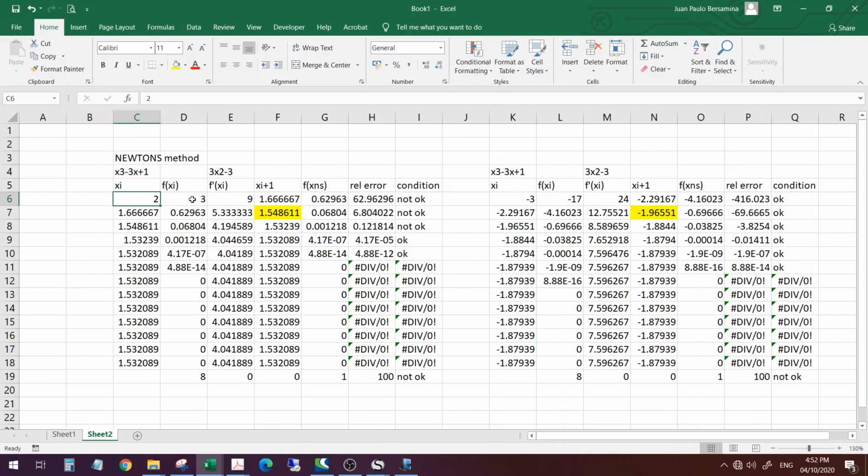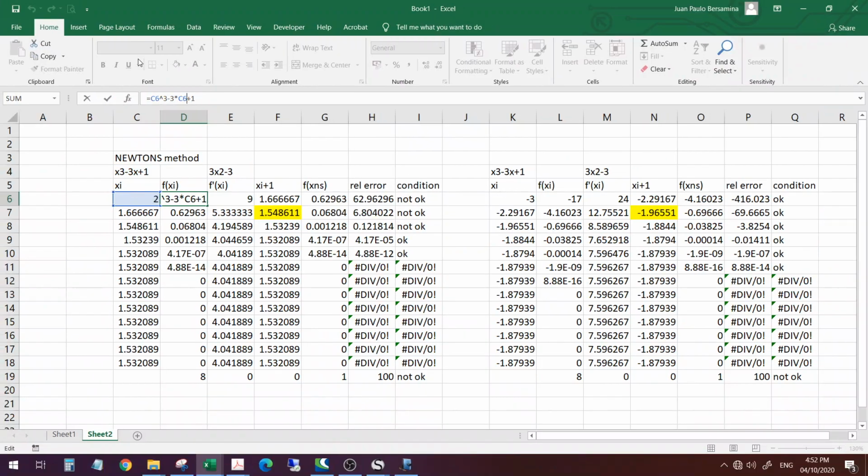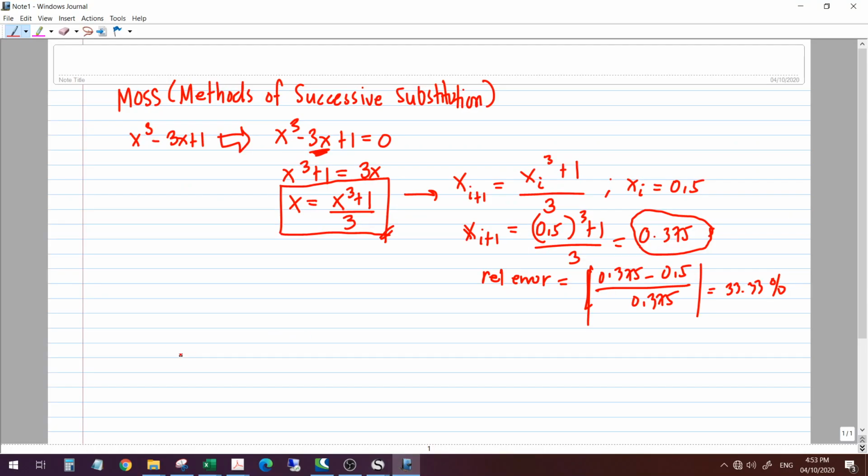Now f of xi is x cubed minus 3x plus 1. Then what is f prime of x? Remember, our f of x is x cubed minus 3x plus 1. Therefore, f prime of x is 3x squared minus 3.